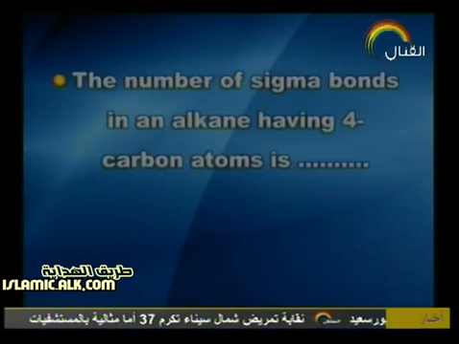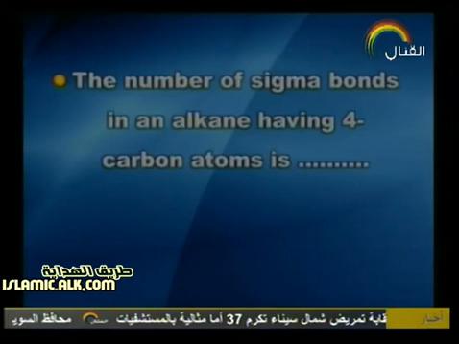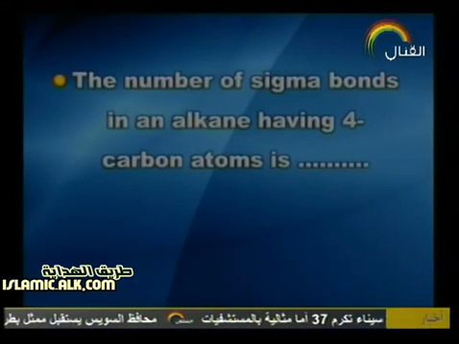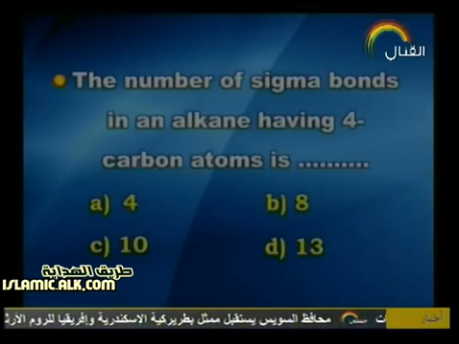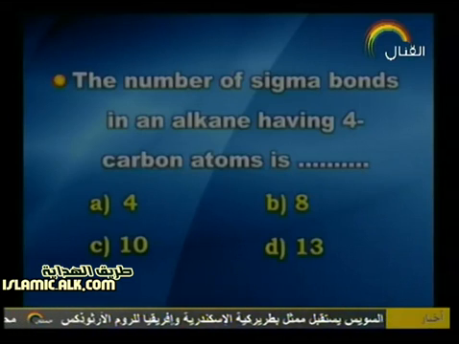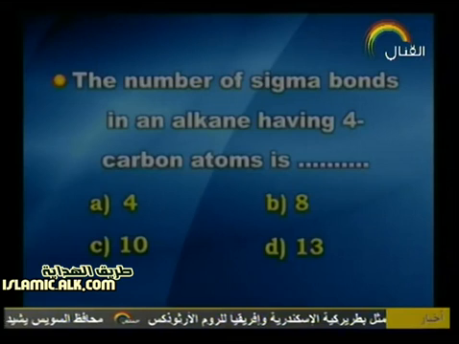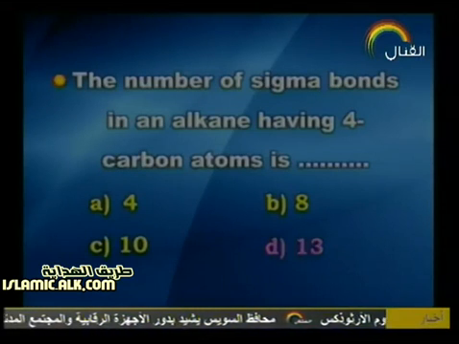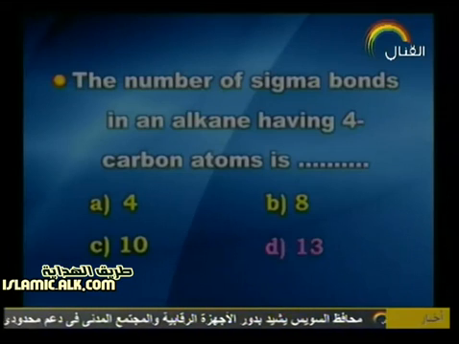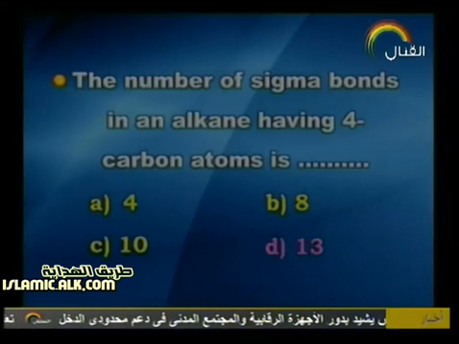Next point. The number of sigma bonds in an alkane having 4 carbon atoms is what? Is it 4 or 8 or 10 or 13? If you answer this question, my dear students, here it will be 13. That's sigma bonds between carbon and hydrogen and between carbon atoms.